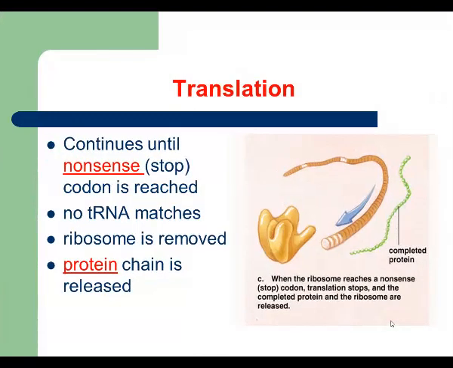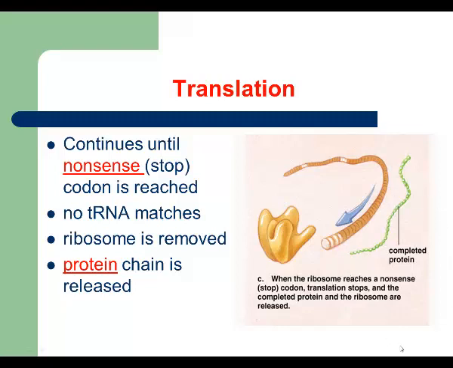This process continues until the ribosome reaches what we call a nonsense or stop codon. This is the last signal for the ribosome, which tells the ribosome that translation is completed. Then the ribosome will be removed from messenger RNA and the protein will be released.